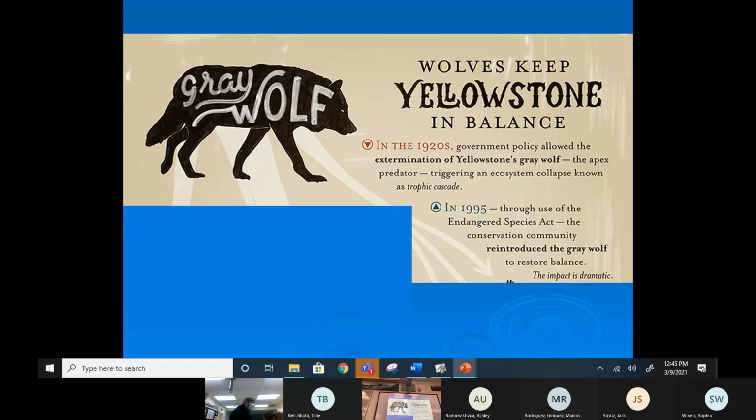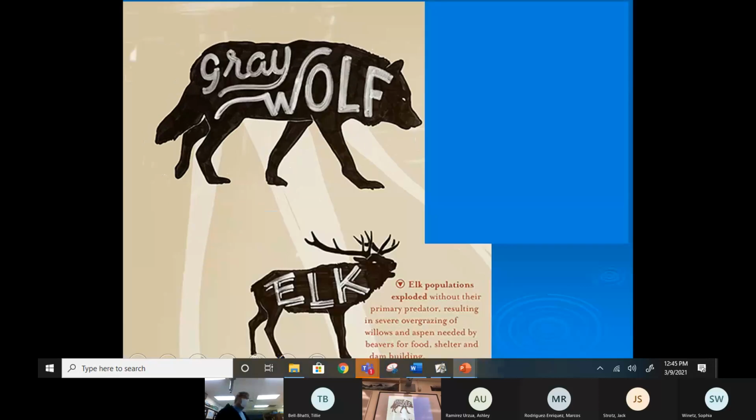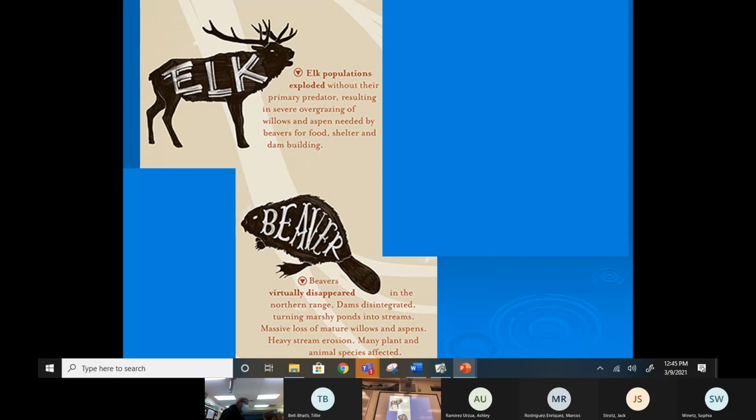Like here, we see that the wolf population went up in '95, down in the '20s. So keep an eye on the ups and the downs in this diagram. Elk populations went down after the wolf came back. Turned out that was a good thing because they were overpopulated for their environment. Beaver population also went down.